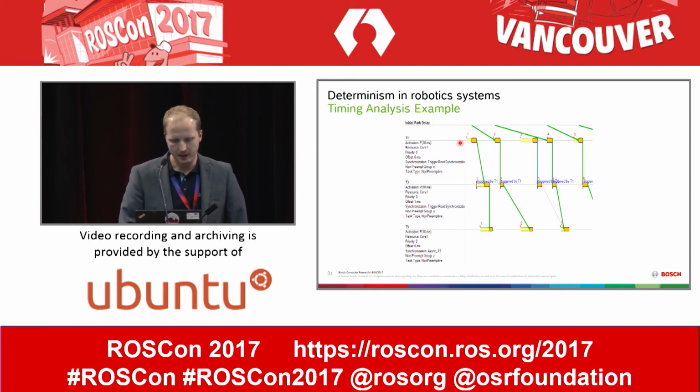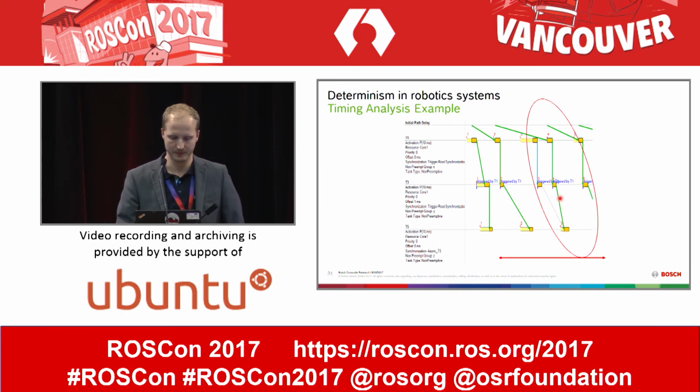And then what we see here is task 1 puts something to task 2, and task 2 is triggered here by that, and then computes, and then task 3 gets it. And then we see another one for task 1, task 2, task 3, and then another one from task 1 to task 2. But then before task 3 gets a chance to run, task 1 gives another thing to task 2.